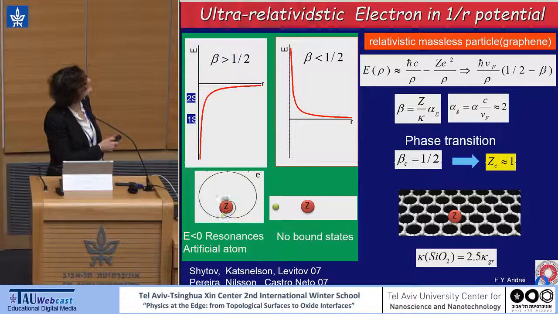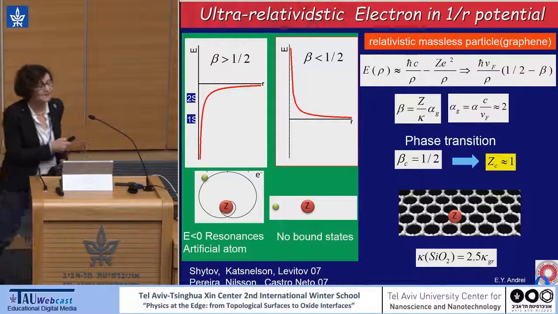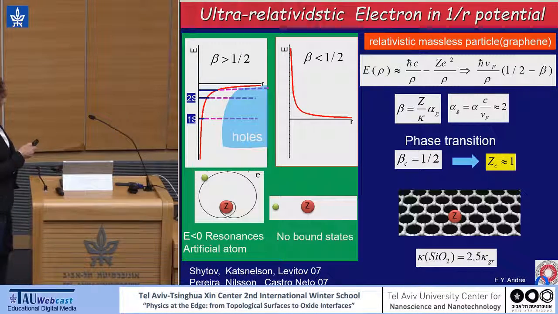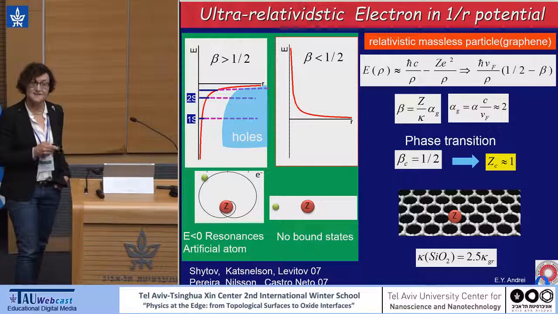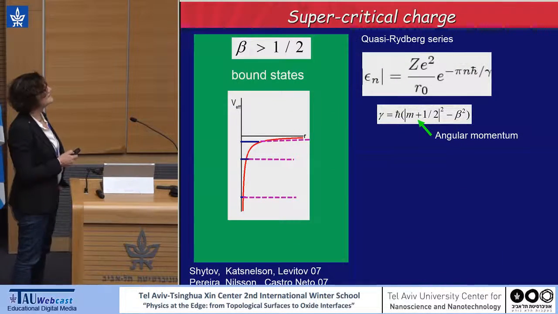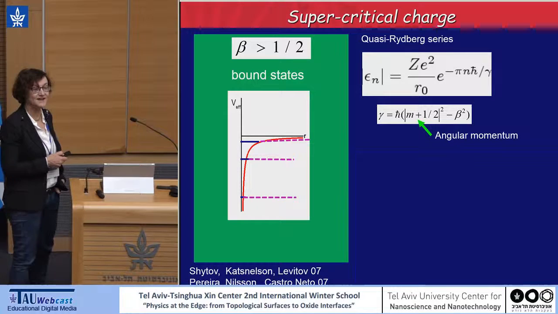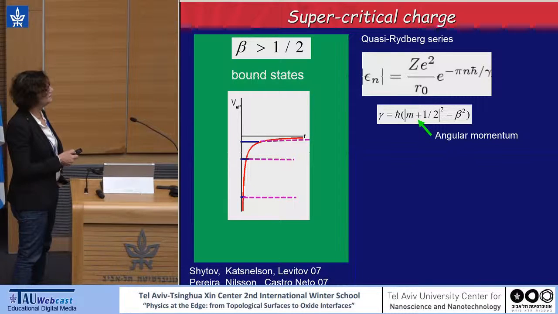And when beta is larger than 1/2, you get an attractive potential, and you get the equivalent of atomic collapse. And what you get here is a series of quasi-bound states, which is like a Rydberg series, but not quite. The series is a geometric series in energy in n instead of a 1/n squared series.